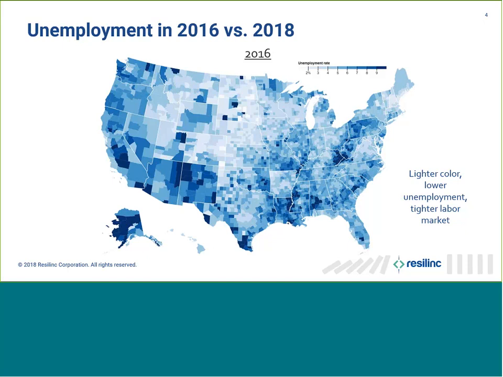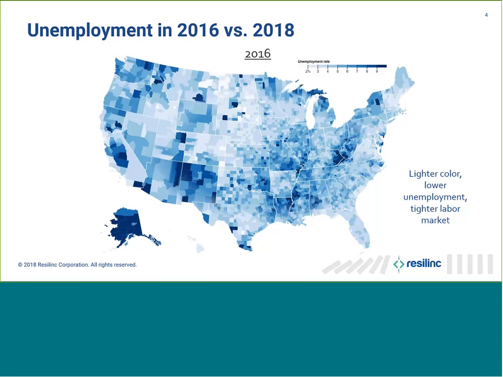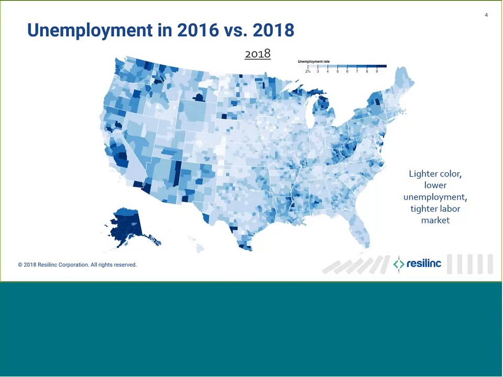So if we look at 2016, this is a map of unemployment by county in 2016. The important thing to know here is that the lighter the color, the lower the unemployment, but also the tighter the labor market. So you can see it was a fairly tight labor market in 2016. The United States was still pretty prosperous and growing, but when you look today, you see a lot more white.